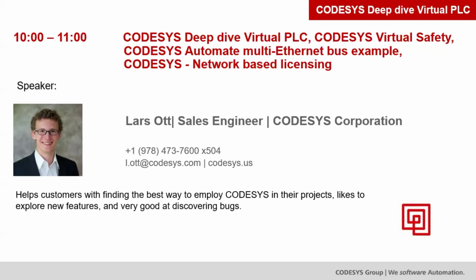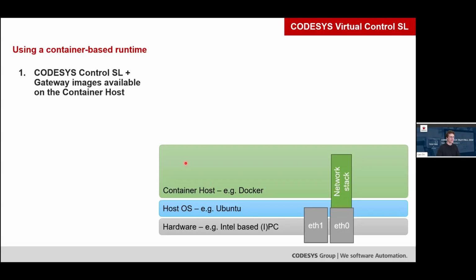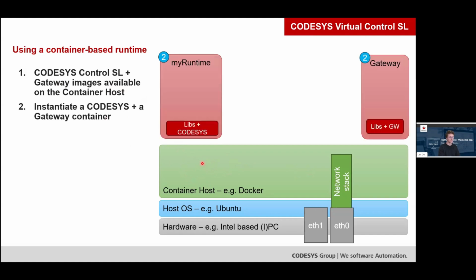So for our container-based runtime, to get that set up, well, first we have our hardware, the host OS and all that, and then the container host. But the first thing we need to do is put the images for the containers we want to instantiate into the host. Then next, we instantiate the containers from those images.